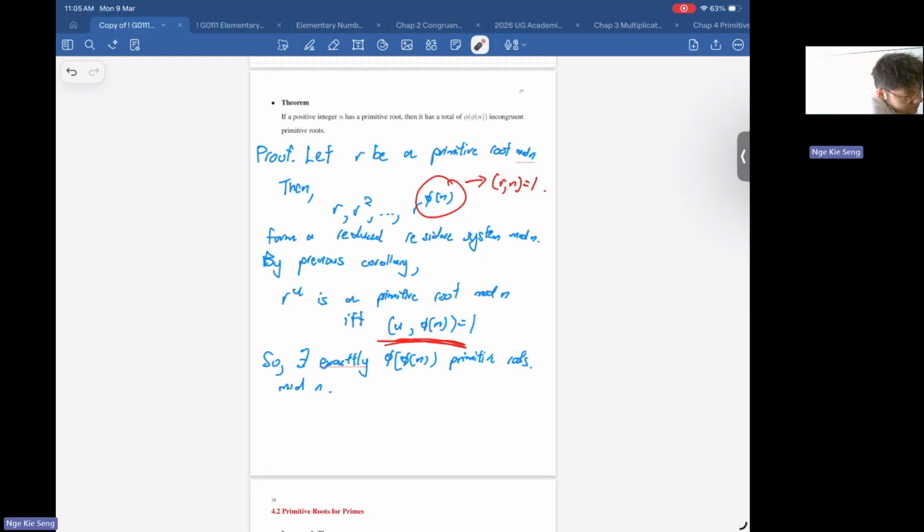Sure, but it still satisfies that situation. If 11 does not divide, then we just come back to this and use Wilson's rule or Fermat's little rule. Yeah, that's right. Thanks.